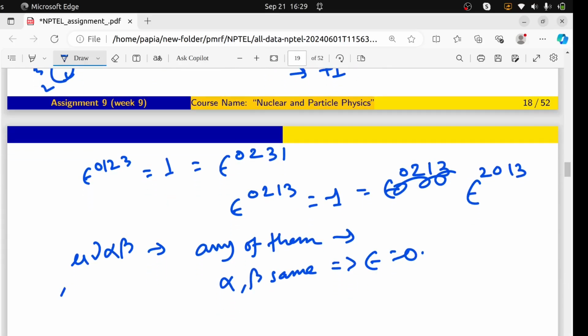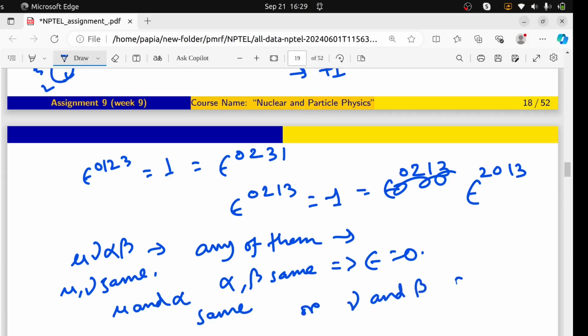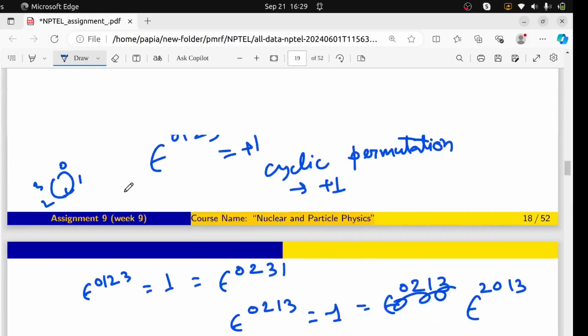Or mu and nu same, or mu and alpha same, or mu and beta same. So all these combinations will give us the value of the Levi-Civita symbol as 0.